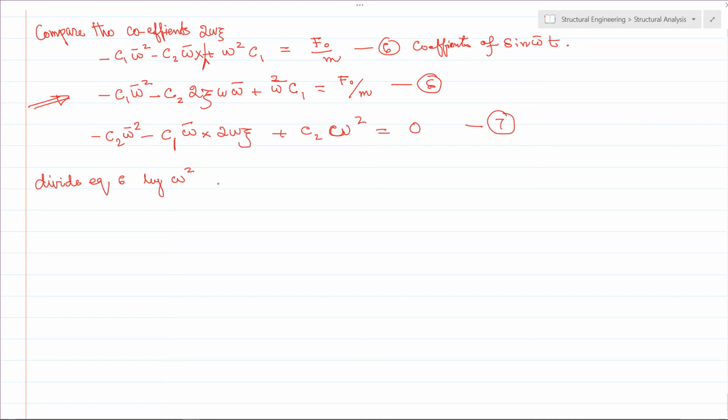So what we will get over here: minus C1 times omega bar over omega whole square, minus C2 into 2 times xc into omega bar over omega, because 1 omega will cancel, and plus omega square will cancel, so only C1, and this will be equal to F naught over m times omega square.